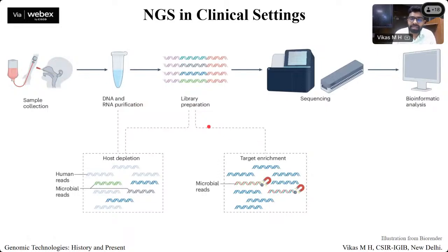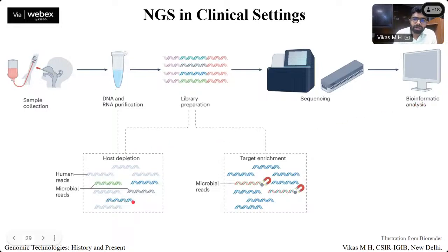When it comes to the clinical setting, how is NGS used? Say I have a patient with TB or some other infection where we are treating them for months and we are not able to see any difference even after antibiotic susceptibility tests and all those things. What one can do is take the sample, isolate the DNA and then sequence it.